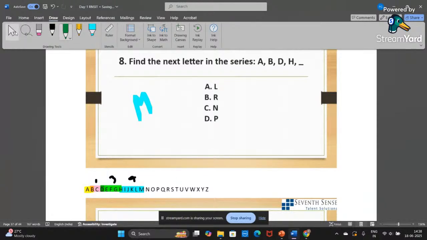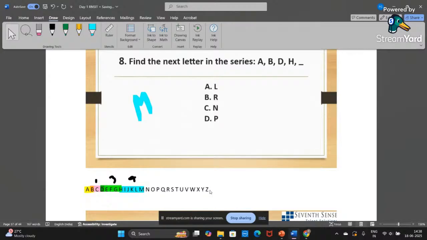Below this, let us write the number positions. 1, 2, 3, 4, 5, 6, 7, 8, 9, 10, 11 is for K, 12 for L, and 13 for M. Okay.